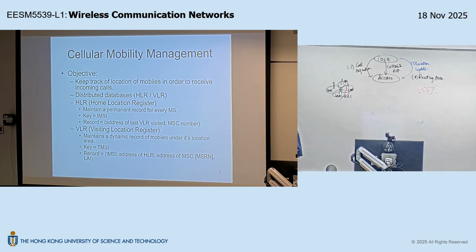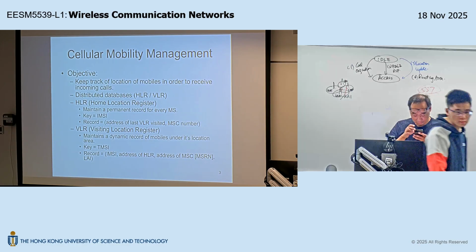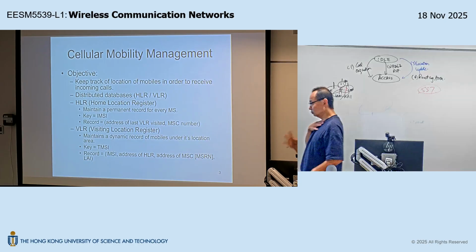That means if you cluster 2 base stations together to share 1 location area, then the infrastructure will only know where you are up to the resolution of location area. If you cluster 3 base stations together for 1 location area, then the infrastructure will know where you are up to a resolution of this location area, which is 3 base stations.